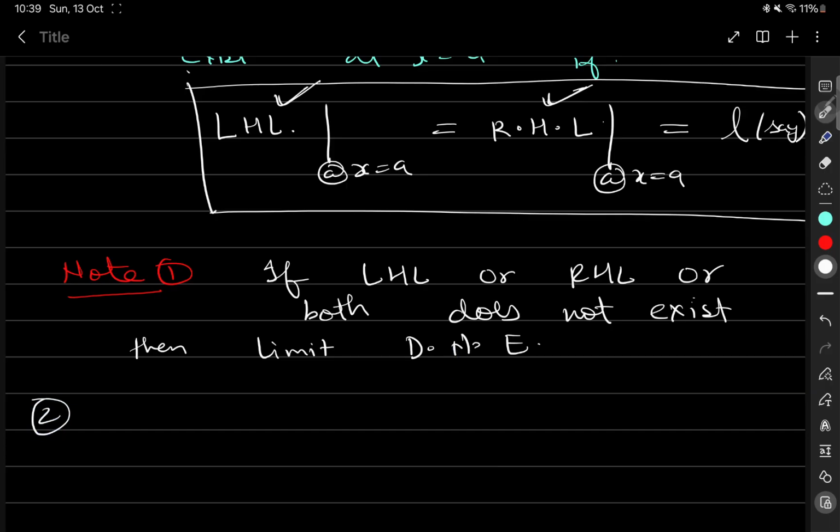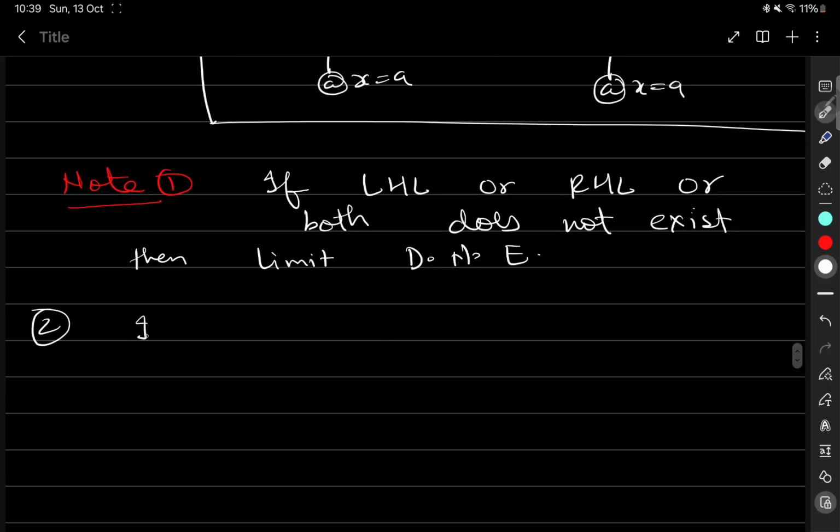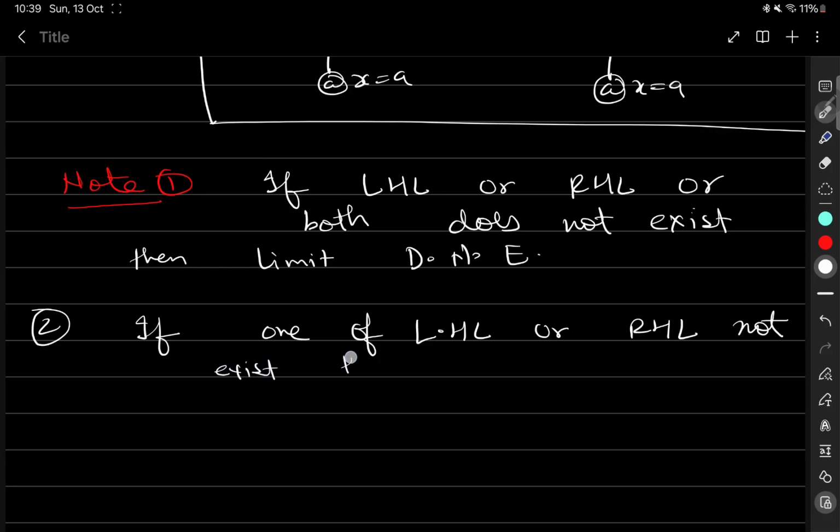Okay, got it? If one of LHL and RHL does not exist, then also the limit does not exist.